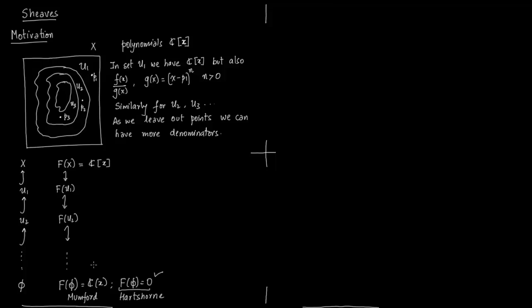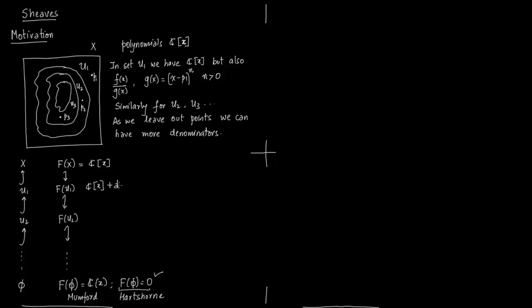But the point is simple, that in this example on the entire space you have only polynomials, but when you take smaller sets you can talk about rational functions because you can choose as denominator those points which are not in the set, as we have seen for p1, p2, p3.